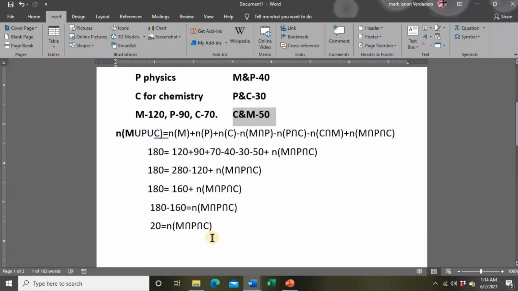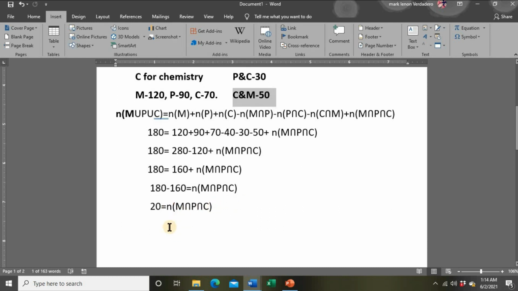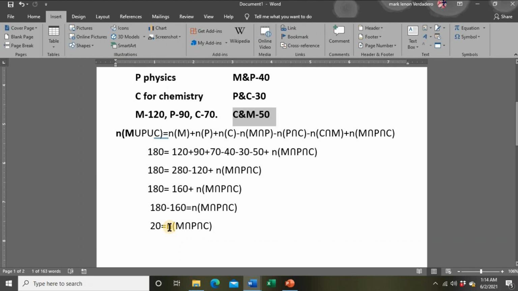So therefore, the intersection of M, P, and C, or the mathematics, physics, and chemistry is 20. So ibig sabihin, 20 students study mathematics, physics, and chemistry.